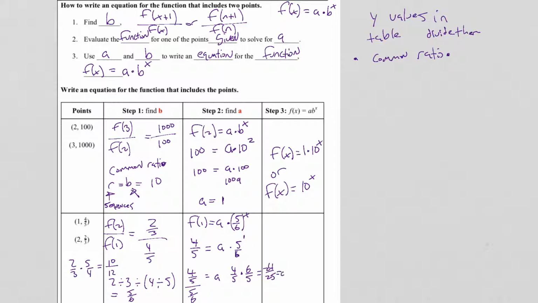So that's what A is equal to. So now our formula is f of x is equal to 24, which is A, divided by 25, times our common ratio, which is 5/6 to the x power. So there you go. There's another example.